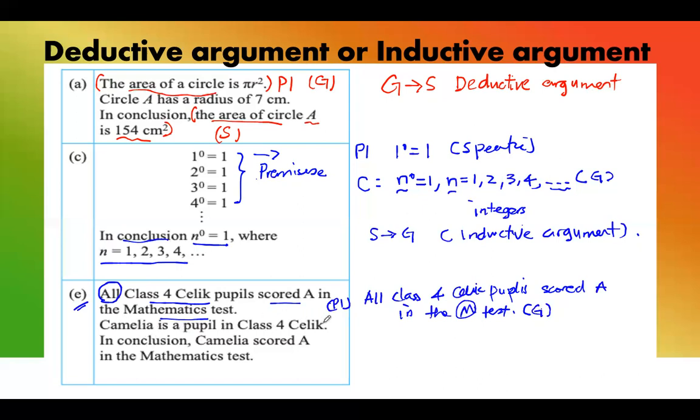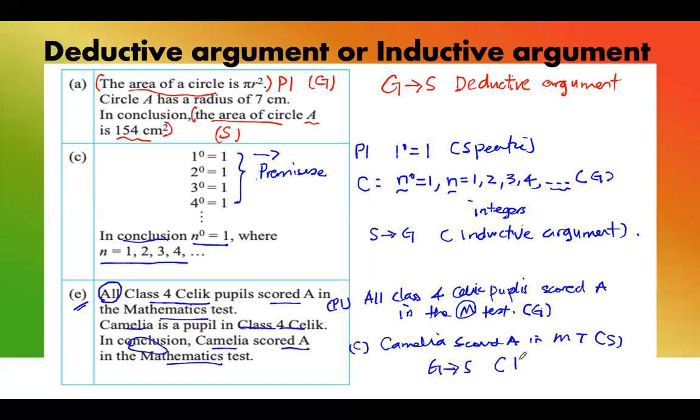Before that, we go to premise 2. Camellia is a pupil in class 4 Jelek. Therefore, the conclusion: Camellia scored A in the mathematics test. Our conclusion is very specific, it is telling about Camellia. So we go from general to specific.